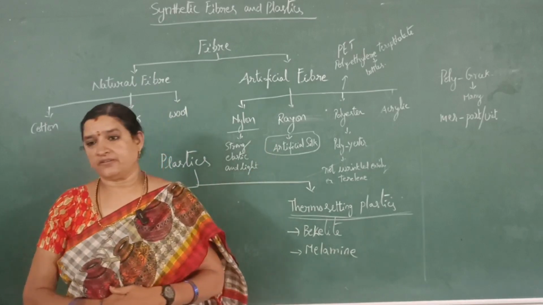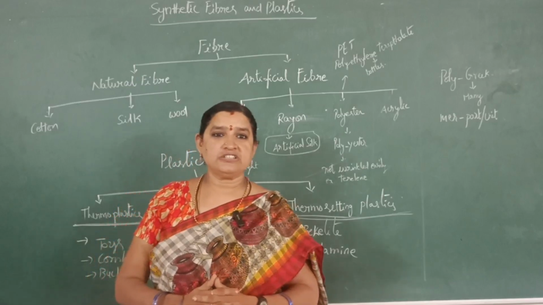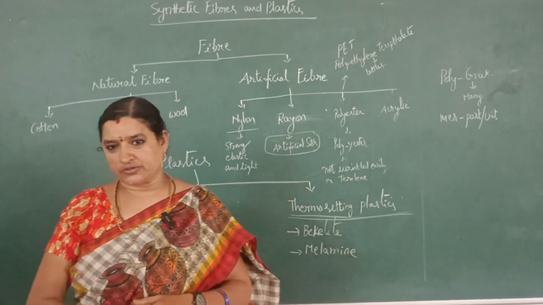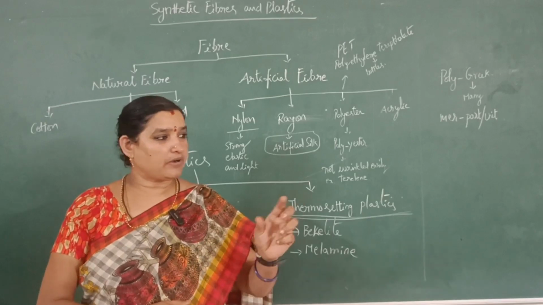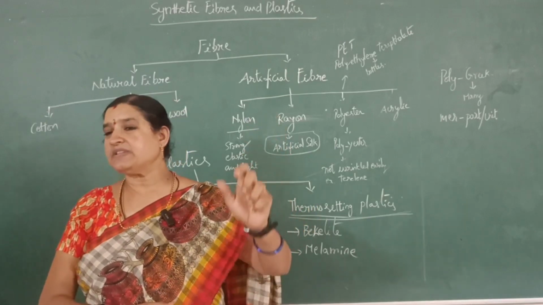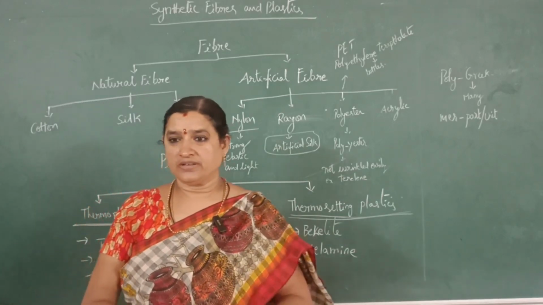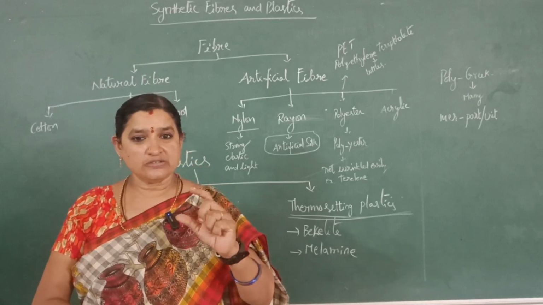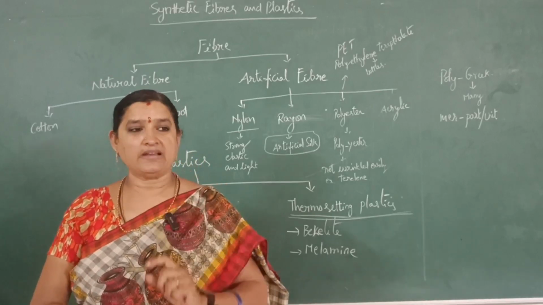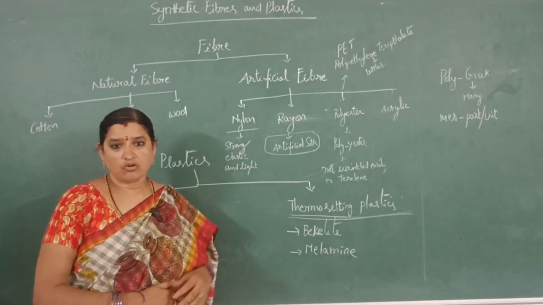Next one is rayon. Rayon we get from cellulose. What is meant by cellulose? It is a combination of glucose. We get that cellulose from the stem of plants like bamboo, etc. Cellulose we get from plants, but we say that rayon is an artificial or synthetic fiber.